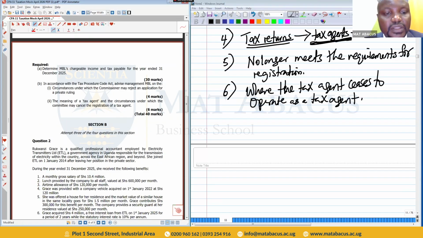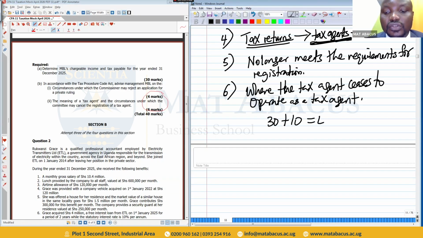So you can see the question was taking 30 marks on computation, and the 10 marks were purely theoretical, and so it means that you would get 30 plus 10, so you get your 40%.